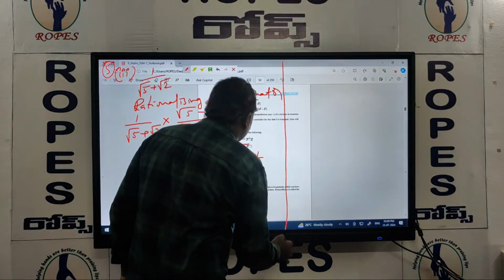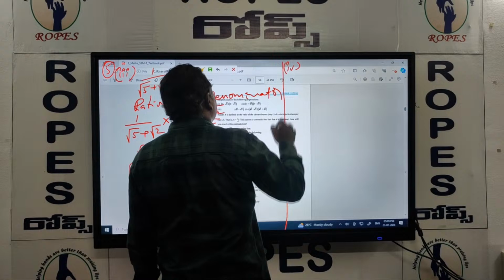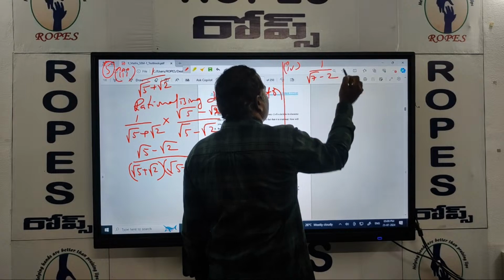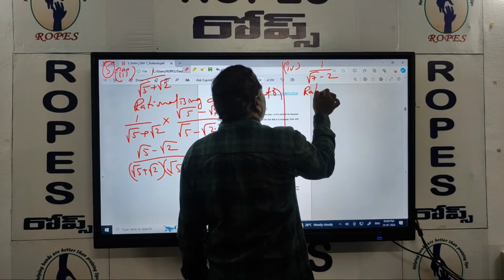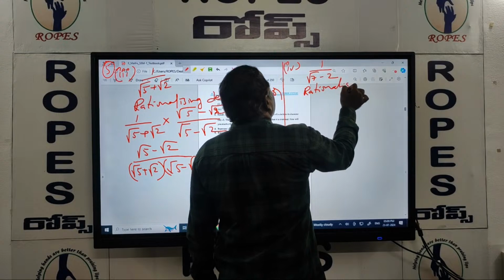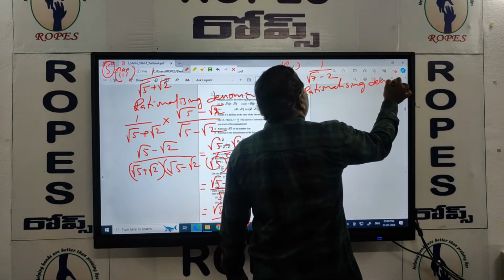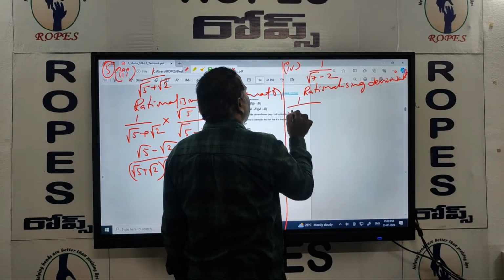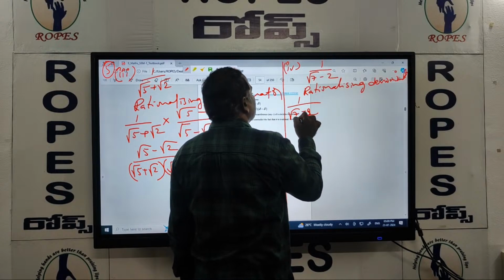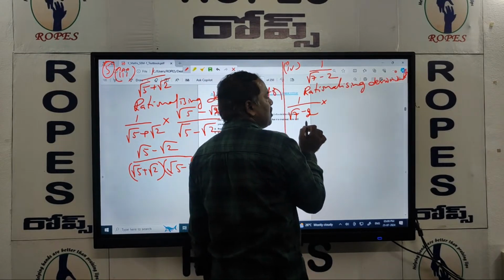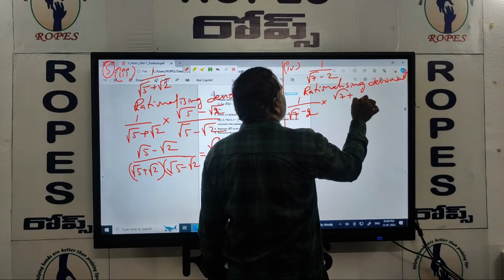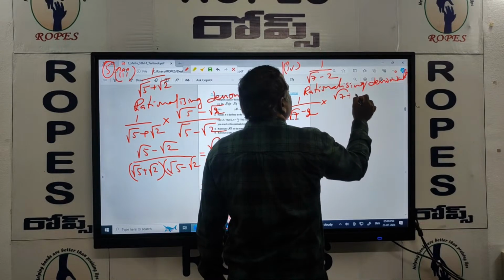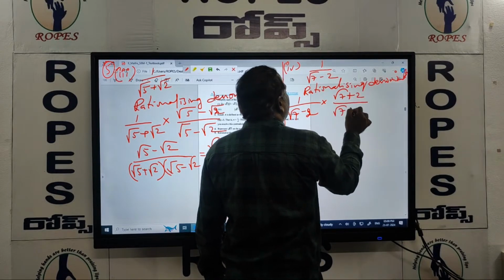Now the next one, the fourth one. Rationalize 1 by root 7 minus 2. Same, rationalizing the denominator. After rationalizing the denominator, 1 by root 7 minus 2 into, here minus is there, so we have to take plus: root 7 plus 2 by root 7 plus 2.